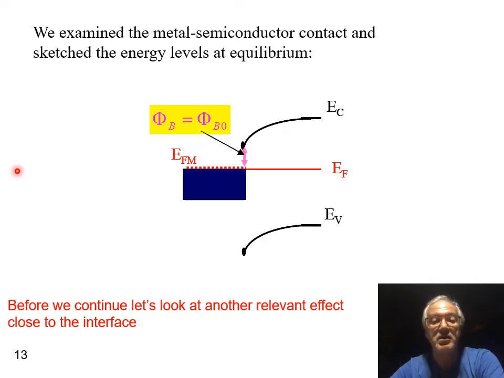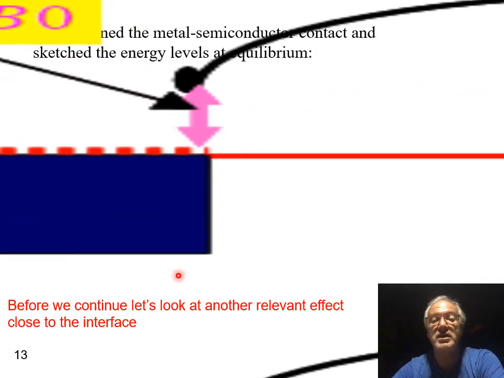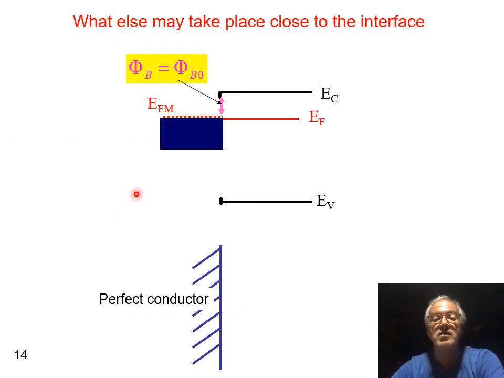And we would like also to look at what else might be happening when we have this metal touching the semiconductor, and we'll look now very close to this interface and ask ourselves what else might be happening here close to the metal. And we are going to place a charge here and ask how it's going to be affected by the presence of the metal.